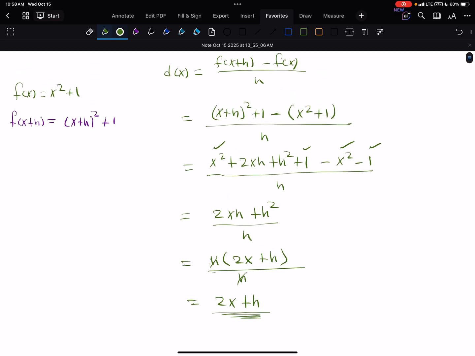What's interesting about this difference quotient? What's interesting here is I sort of have two function outputs, right?